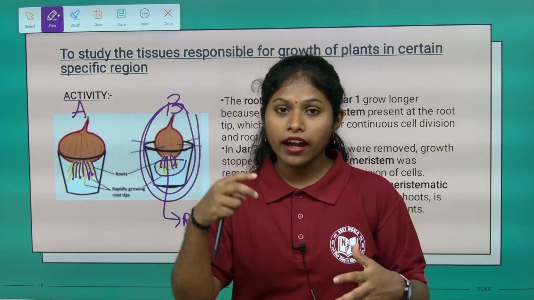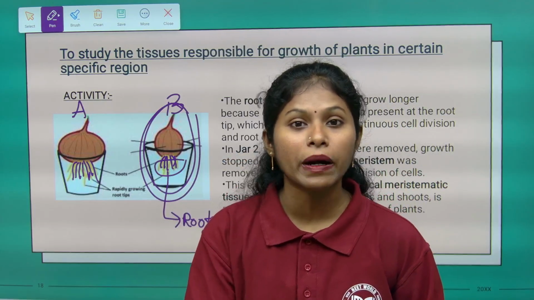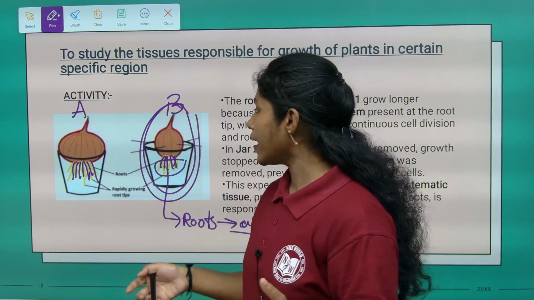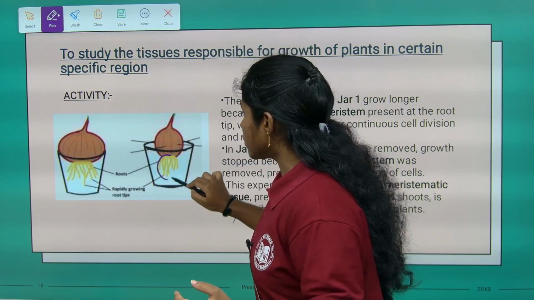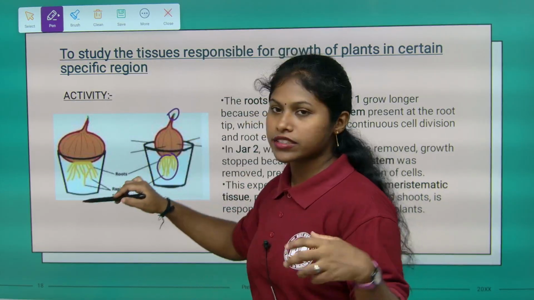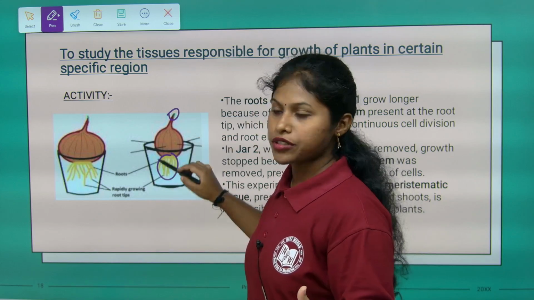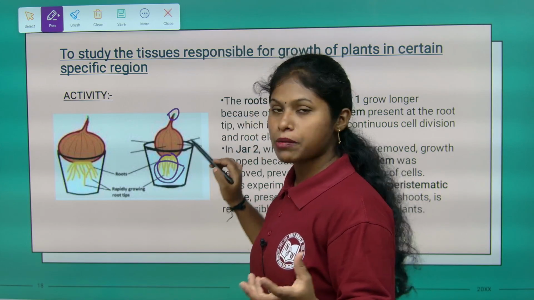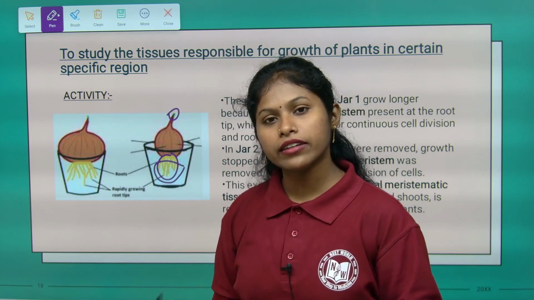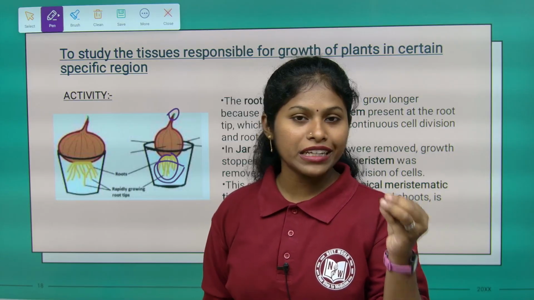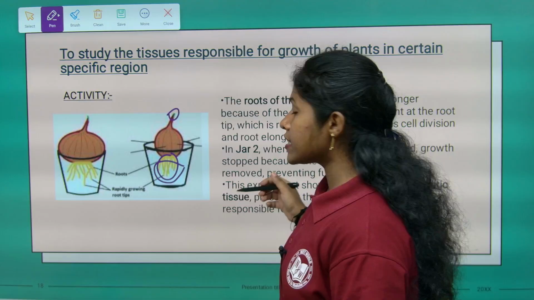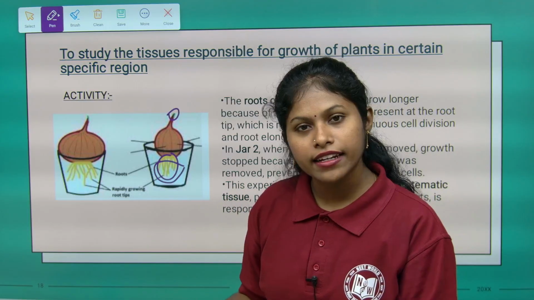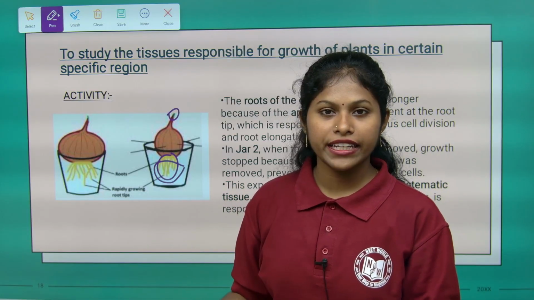Because I removed the meristematic cells present in the roots, right? The meristematic cells are present in the roots and also the shoots. The primary growth starts from the roots and shoots. Here I removed the meristematic cells, so how will they grow? What this is proving, children, is that meristematic cells are responsible for actively dividing cells, right?